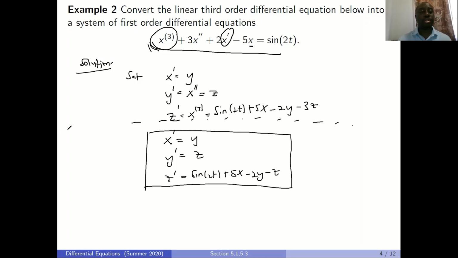Notice that my solution to this system is going to be a set of functions x, and x could be a function of any independent variable, and y and z will be functions of the same independent variable. So let's say x is a function of time, y is a function of time, and z is a function of time. This will be my solution to the system of equations.